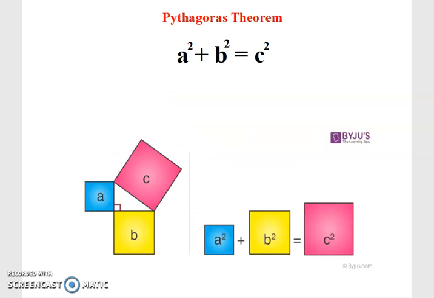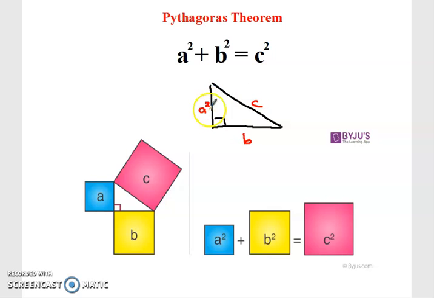And the Pythagoras Theorem states that a square plus b square is equal to c square. So if I have my right angle triangle like this, and this side is A, this is B, and this is C. A square, so it is saying that if you should take this side, whichever that number is, and square it, right?